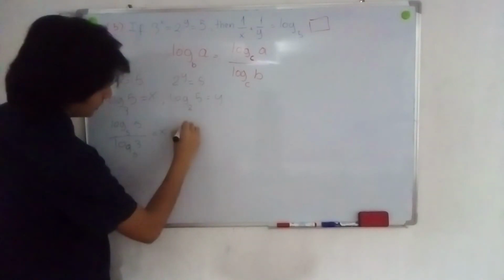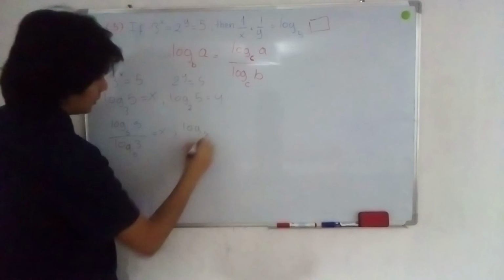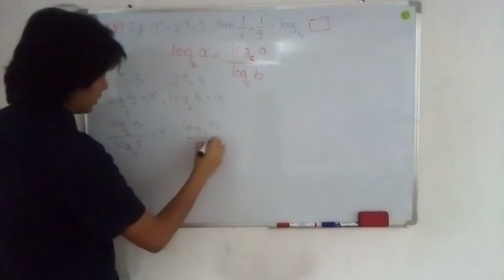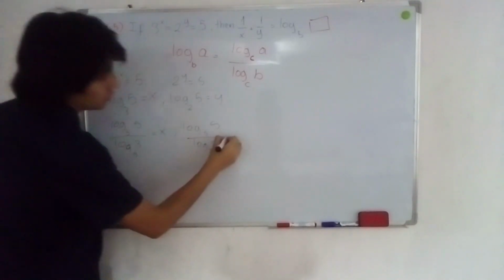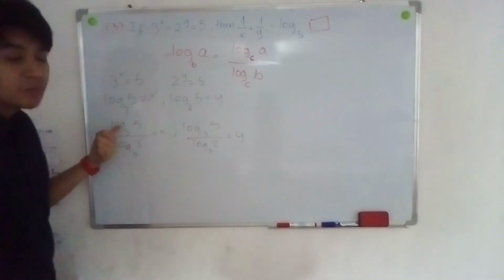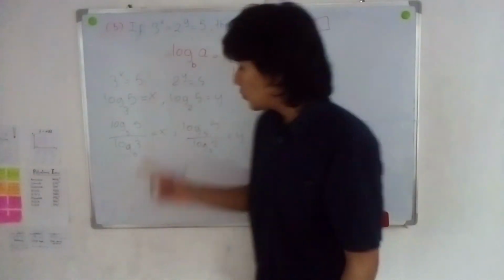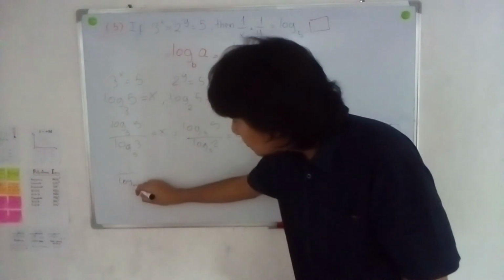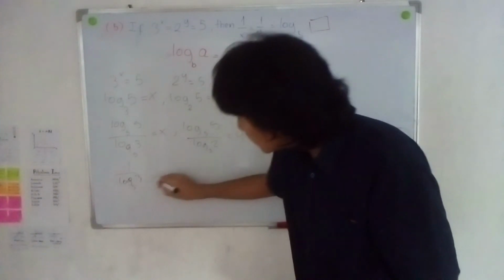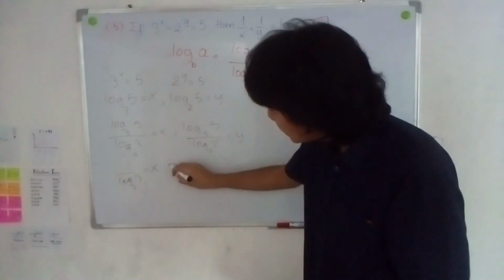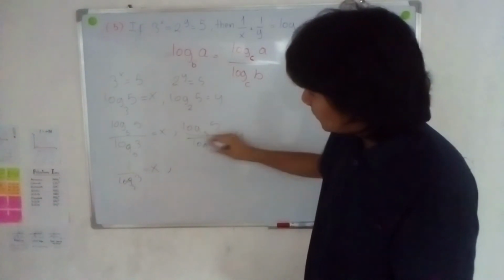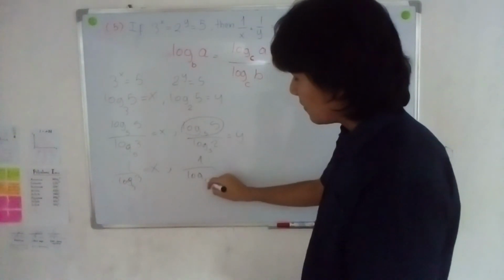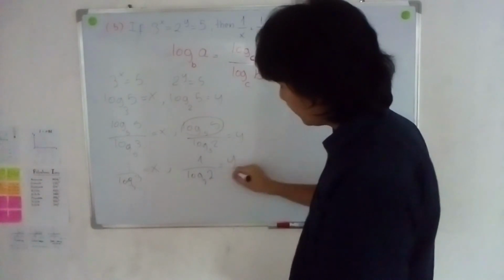And here is the same thing, logarithm with base 5 of 5 divided by logarithm with base 5 of 2 is equal to y. Logarithm with base 5 of 5 is 1, so x is 1 divided by logarithm with base 5 of 3, and y is 1 divided by logarithm with base 5 of 2.